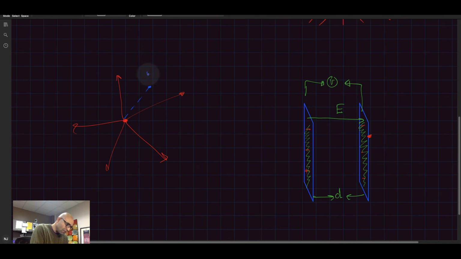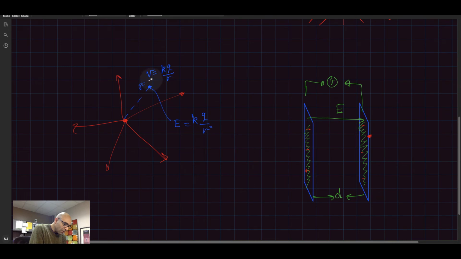So the potential V here is equal to, as we know, KQ over R. But the electric field at this point is equal to KQ over R squared.